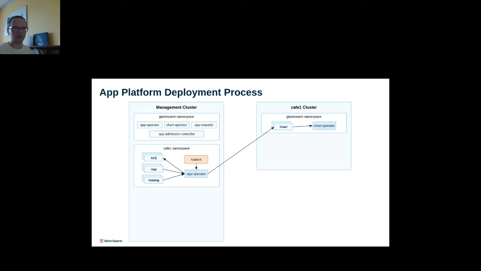As a result, app operator will connect to your target workload cluster, again in a dedicated namespace where chart operator runs, and it has to be running there previously. So that provisioning of chart operator needs to be part of your cluster provisioning. It creates a chart CR, and this chart CR has already everything embedded: information about configuration, application, version, namespace to deploy to, and so on.